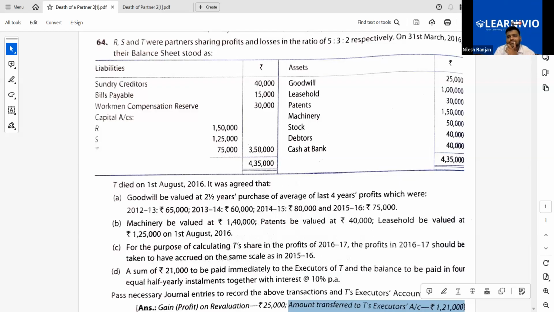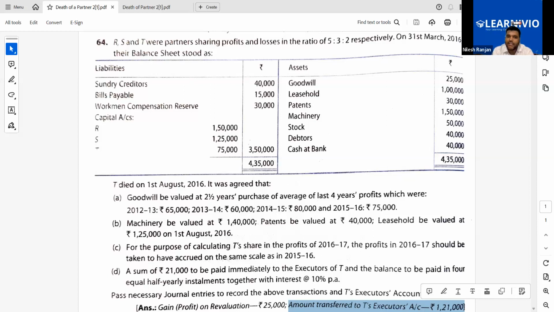Not clear? Now clear, sir. I'm saying that in this question, two things are required. One, preparing the capital account and finding the balance payable. And the second is the executor loan account. Yes, the first step I have omitted for you, means you have to prepare the capital account and find this amount.